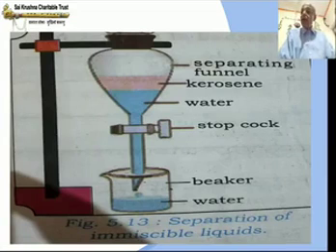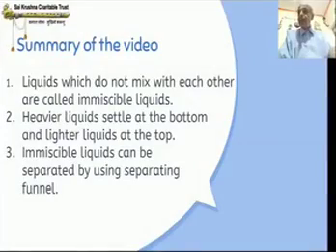So all the water, which is blue colored as shown in this figure, gets collected in the beaker, leaving the kerosene in the funnel. So kerosene and water are immiscible liquids. Is that clear?